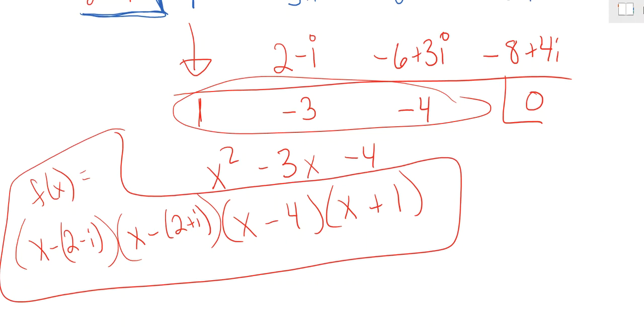If I was looking for the solutions, the other solutions would come from x equals 4, x equals negative 1.